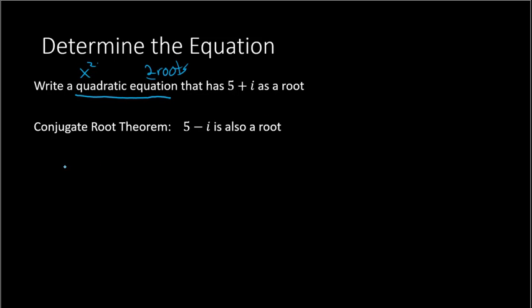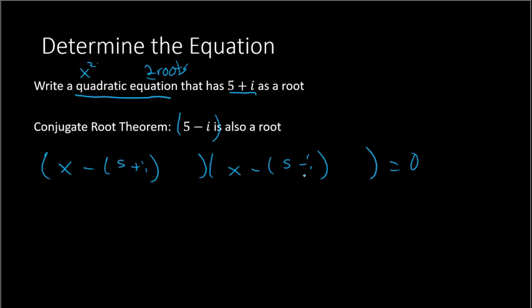Now your setup for your equation is going to look kind of weird because remember we said when we set this up we're going to have x minus your root. So x minus 5 plus i goes right there. And then same thing over here, x minus the root, so x minus 5 minus i.